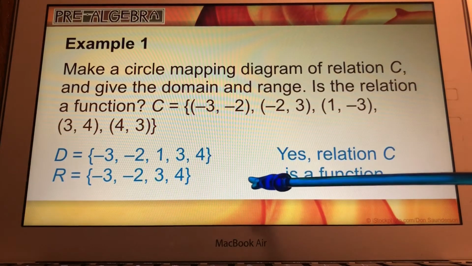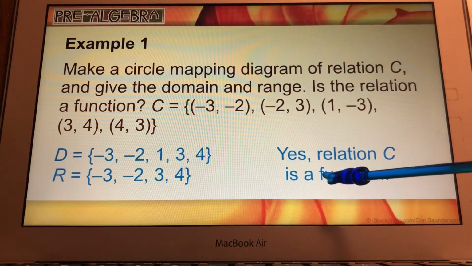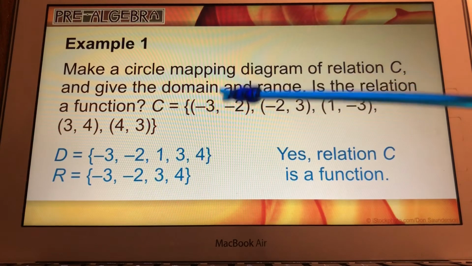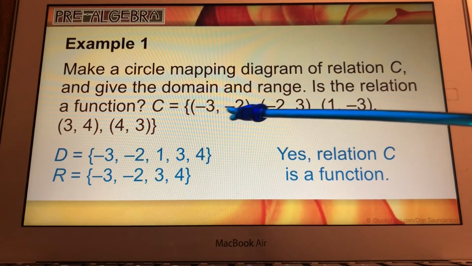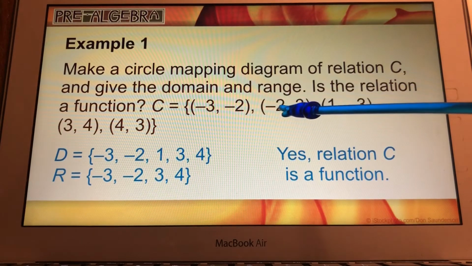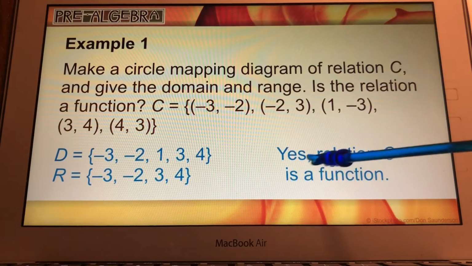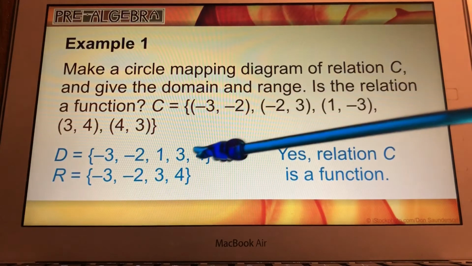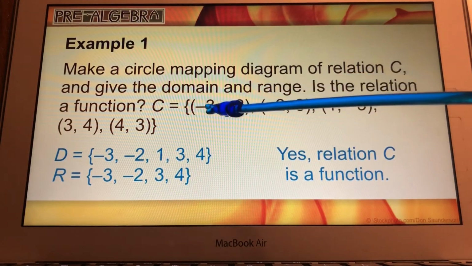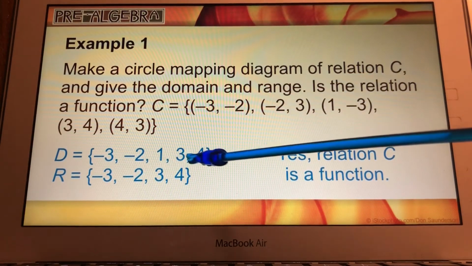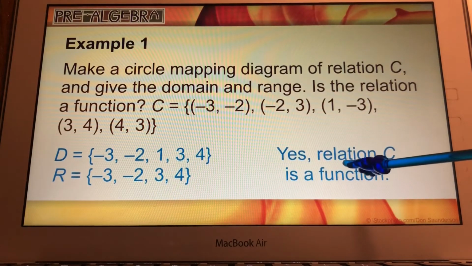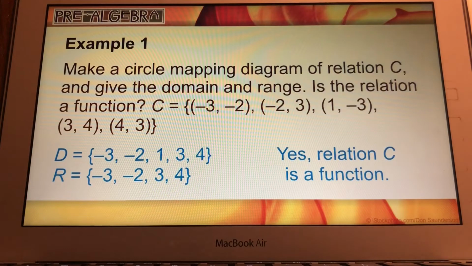Now, remember, what makes a function? A function has to be in that each of my x values or domains match with one range. There are no repeats. And here, in each of these coordinates, there are no domain values that are repeated, and no range values that are repeated. So yes, relation C is a function.